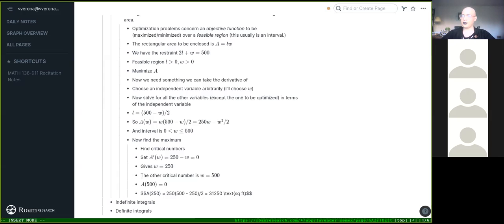And I'd like to put this in units, so that's going to be square feet.